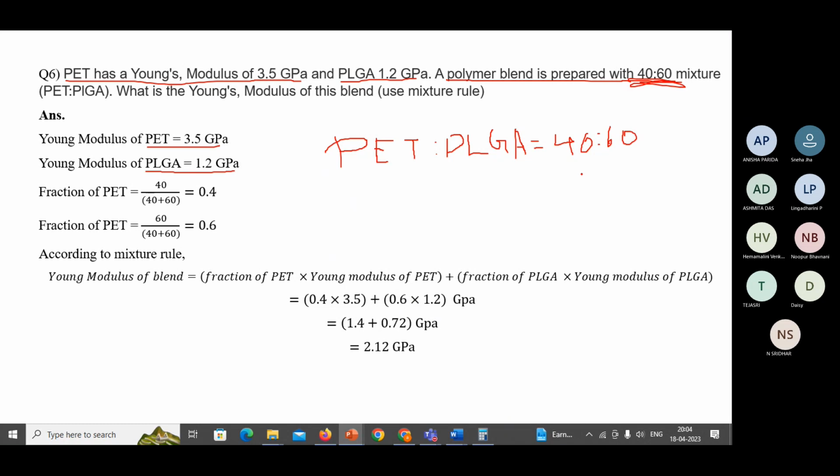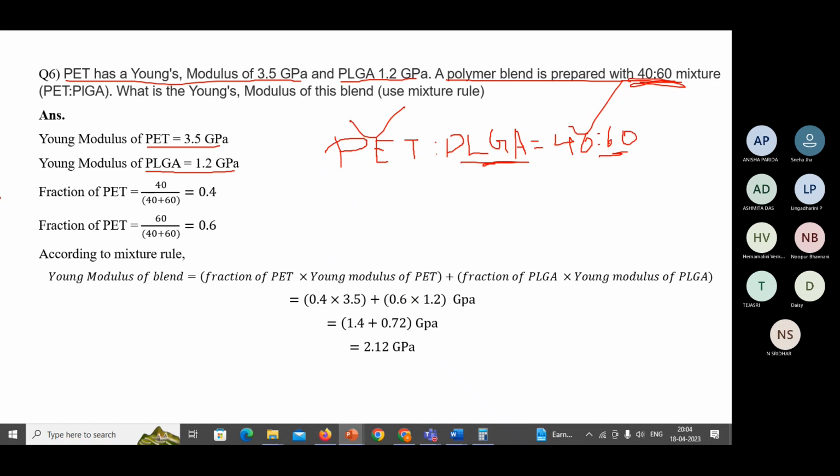So can you tell me what is the PET amount? So PET amount is 40% and PLGA is 60%.